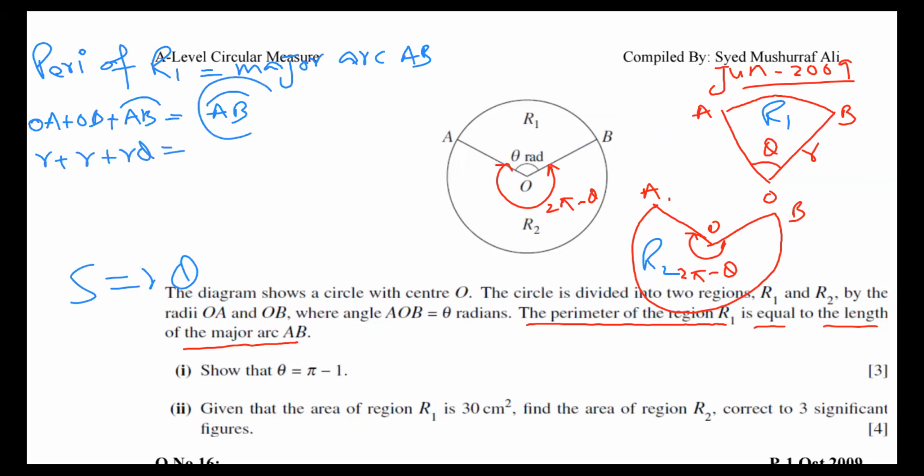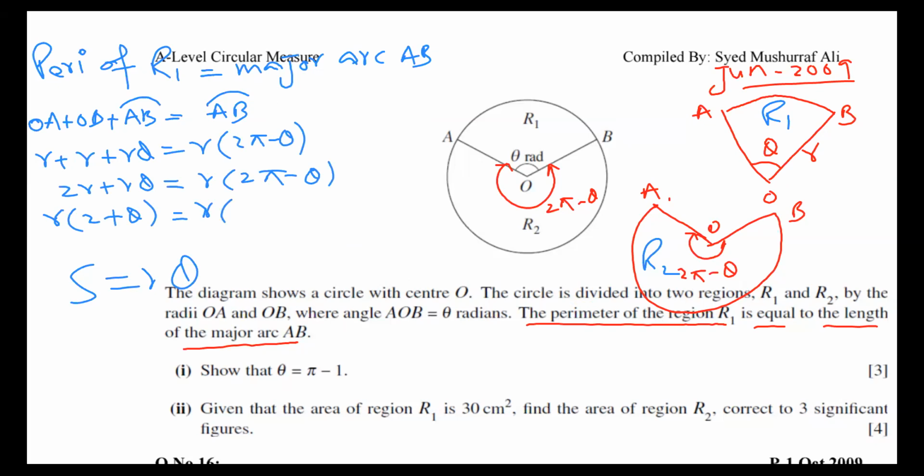But in the case of the major arc, we have a different scenario. The angle is different, the radius is the same. So R theta, where theta is 2 pi minus theta. Now I have to simplify. R plus R gives you 2R plus R theta, and you can multiply R inside or keep it outside, no problem, because I can cancel R from both sides. R is common on the left hand side.